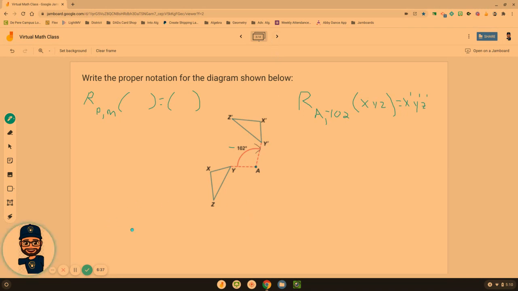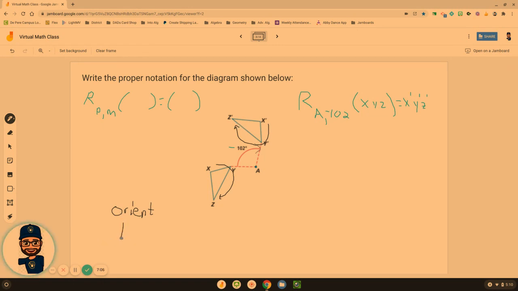Now the orientation, let me show you here on this diagram as we can talk about the orientation. If you look at the orientation, we go from X to Y to Z. So I am going clockwise, right? Just in that triangle, I'm going clockwise from X to Y to Z. If I follow that pattern, X prime, Y prime, Z prime, you can see we are also going clockwise.